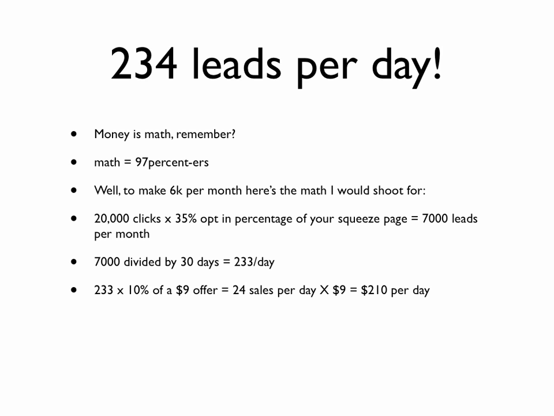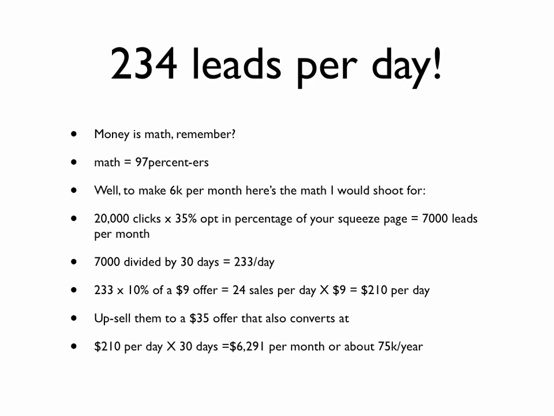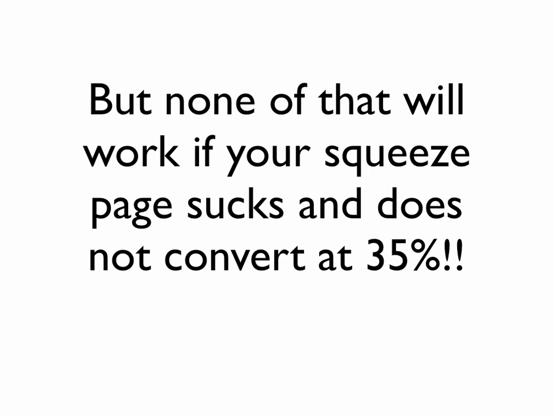Let's say you were selling a product for $9, that equals $216 a day. Okay, so you're making around $200 per day with this scenario. Now you upsell them to a $35 offer that also converts at 10%. So you're looking at $210 per day times 30 days equals $6,291 per month, or about $75,000 a year.